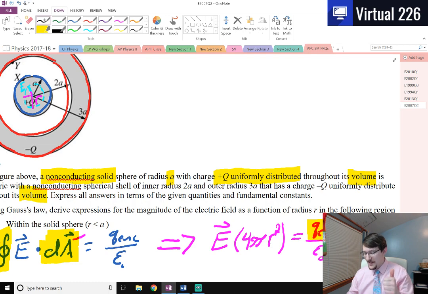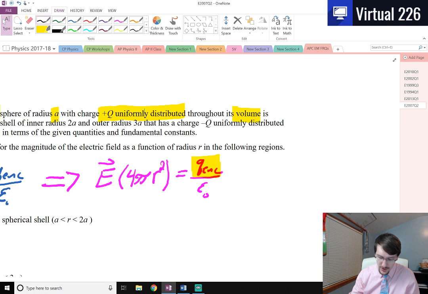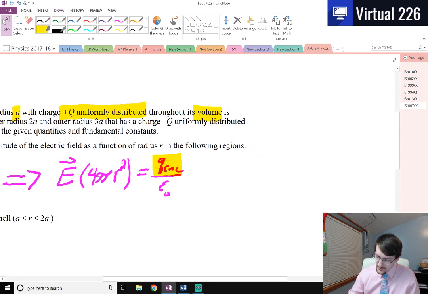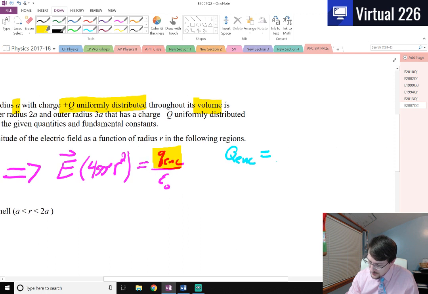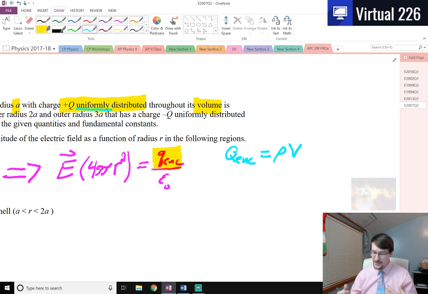So what we can do here is say that this charge enclosed is simply equal to a charge density, which is uniform, a constant, times some amount of volume that we're enclosing. So how much volume are we enclosing in that sphere, and what is that charge density?